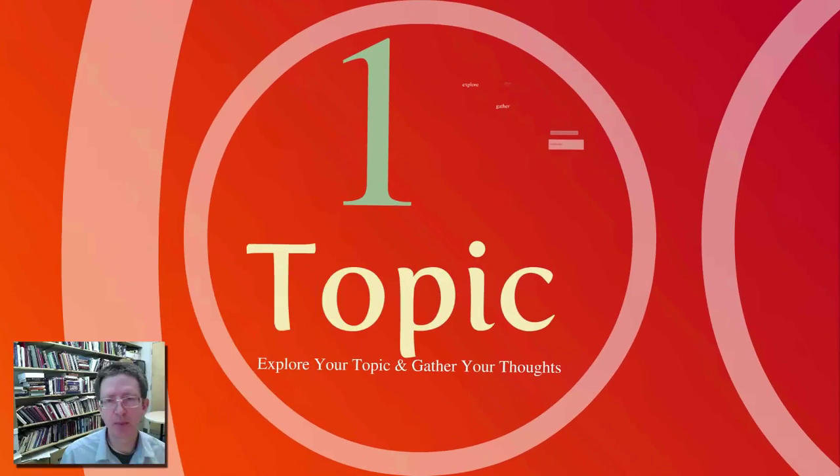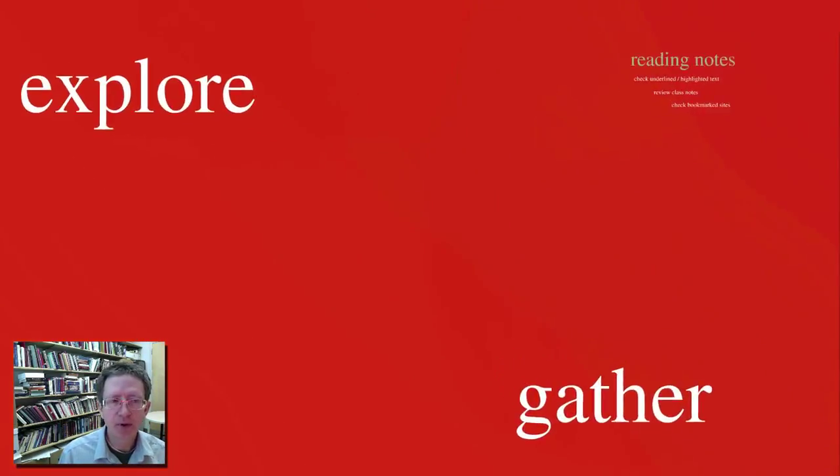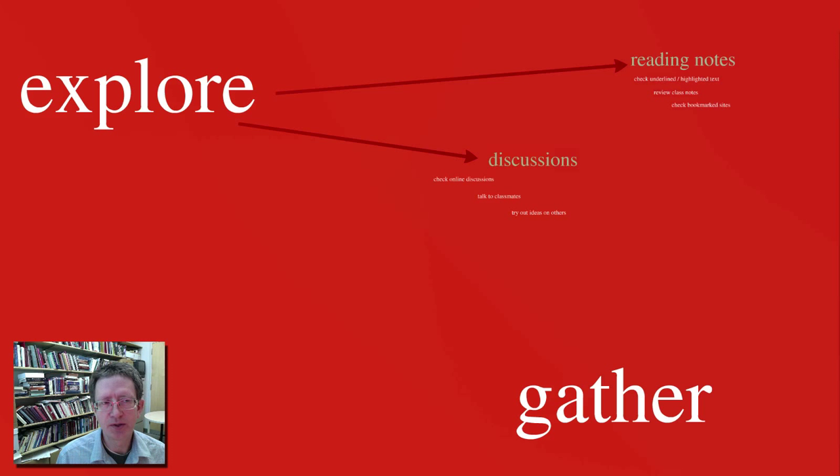Okay, let's go back to step one. When you have a topic, you are going to spend time exploring it. Whatever course you may be part of, you're going to be doing some reading, so you're going to check your notes and things like that. You're going to discuss things, and maybe you discuss them online in a discussion forum, or you talk to people personally.